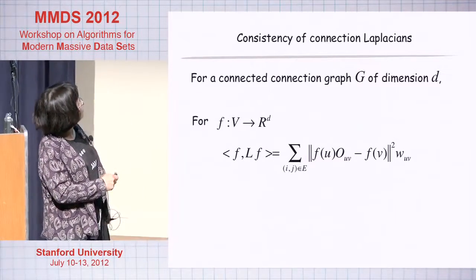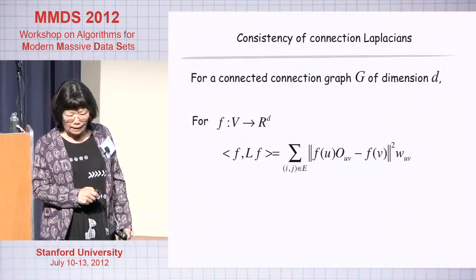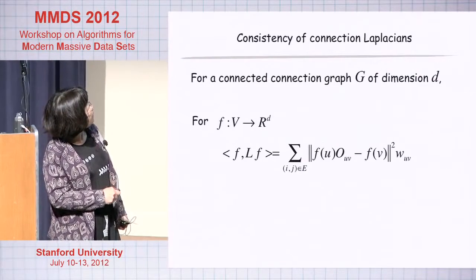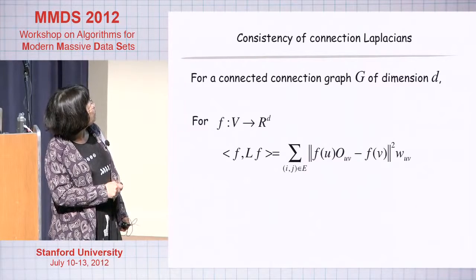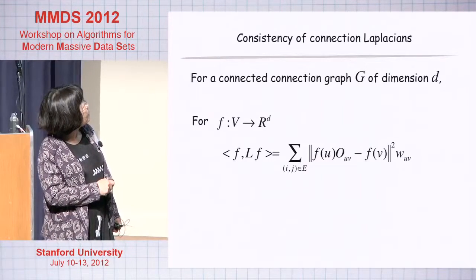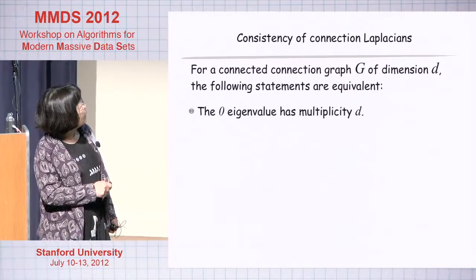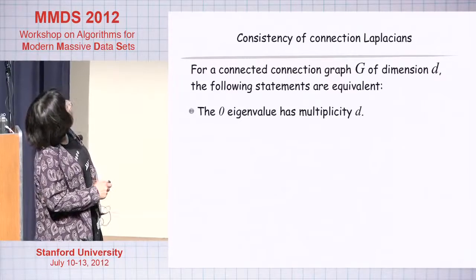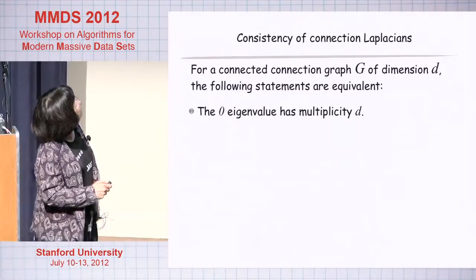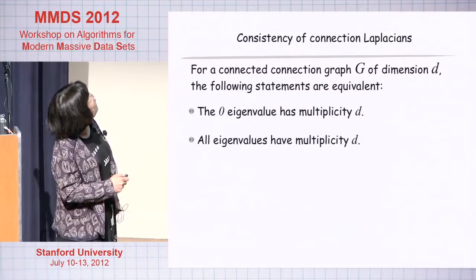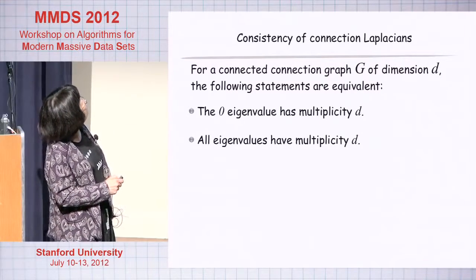It looks very similar to the usual Laplacian and its Dirichlet sum, except that all the f's are vectors, the O's are rotation matrices, and then we take the L2 norm. And for these, consistency is a kind of equivalence relation.